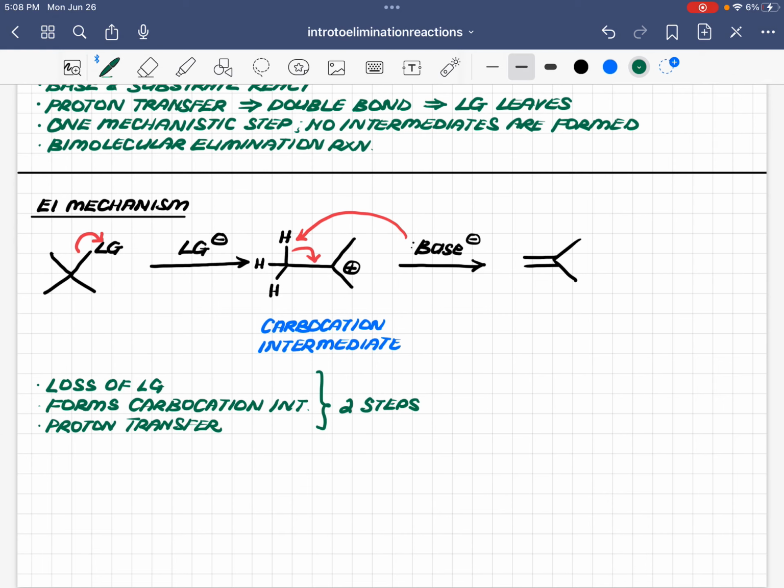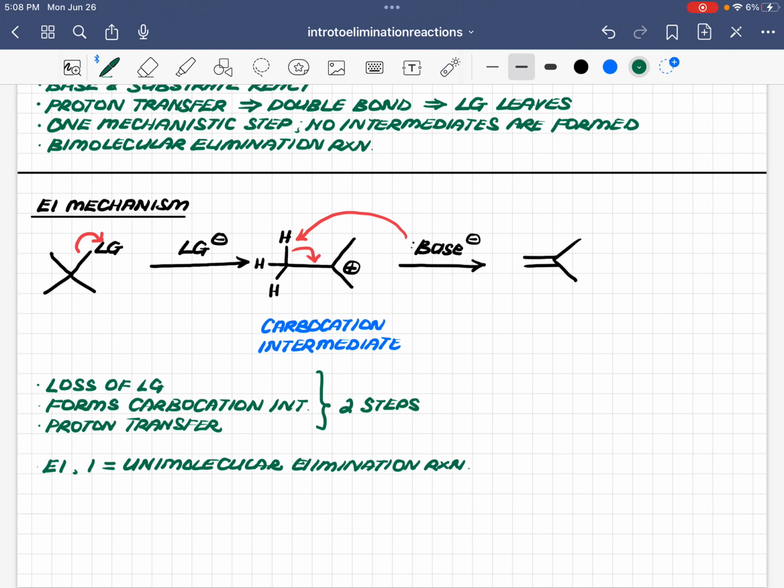We also call an E1 reaction E1 because the 1 in the name suggests unimolecular elimination reaction.